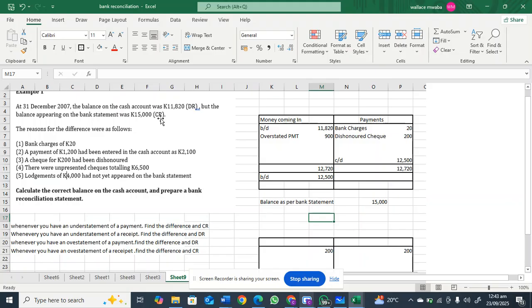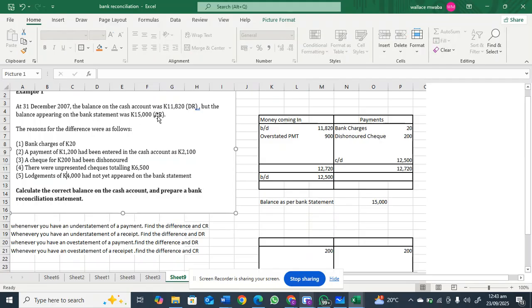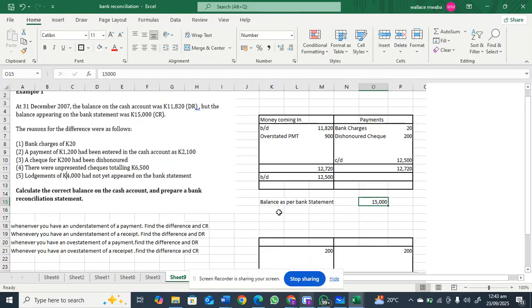It increases with credit and reduces with debit. So when you see a bank statement with a credit balance, it means that's a positive balance. If you see a bank statement with a debit balance, it means that's a negative balance. It means you are owing. All right. Remember that.